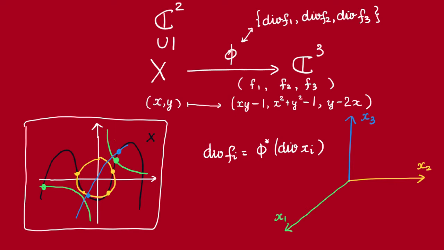And that basically means we are taking this composition and setting it to 0. So the zeros of Fi are just the zeros of xi composed with phi, because that is what Fi is. By definition, Fi is xi composed with phi.